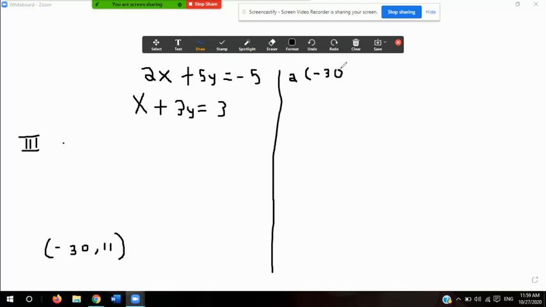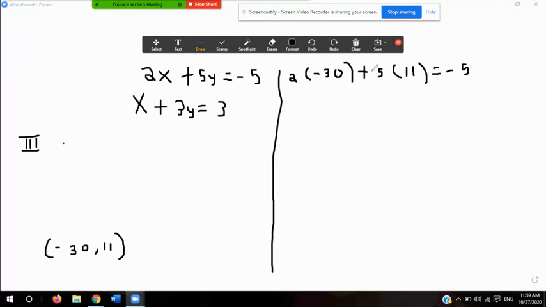Okay, and again, this step is optional, but of course, it would definitely be of benefit to those who actually execute it because it will give you an idea of whether your answer is wrong or not. So 2 times negative 30 is negative 60. And of course, 5 times 11 is positive 55. So I have negative 60 plus 55.